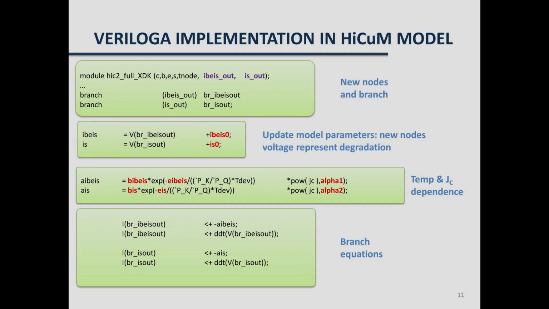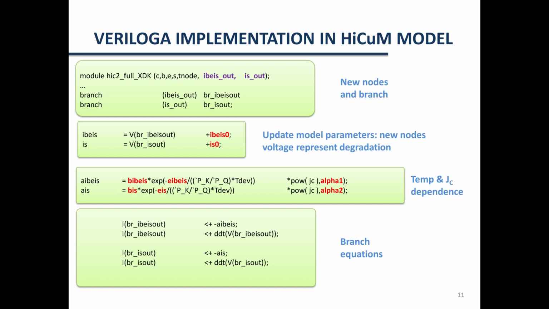So let's go to slide 11, where we have the real modifications of the code in red. You see on the top, in the first block, that we have defined two new output nodes, internal nodes for the transistors. We have now the parameters in the second block, IBEIS and IS, which are now dependent on initial values and also the voltage of the 2 new nodes.